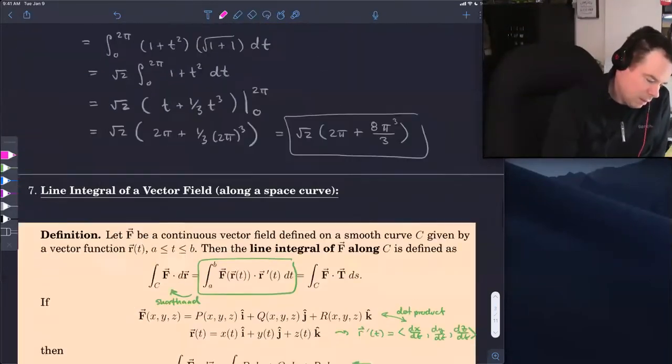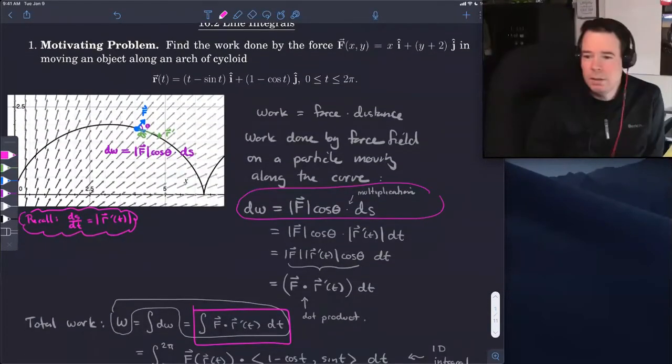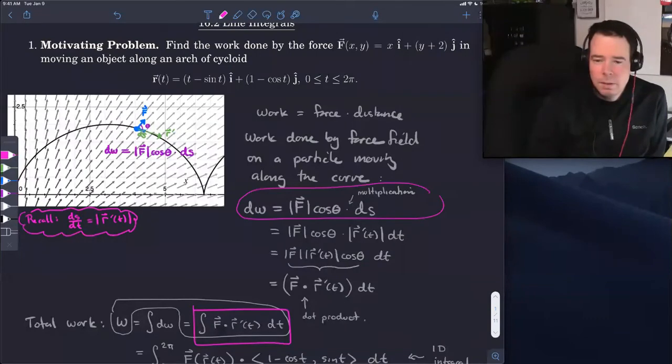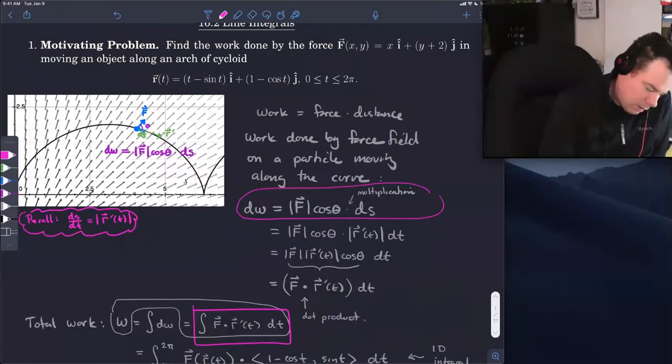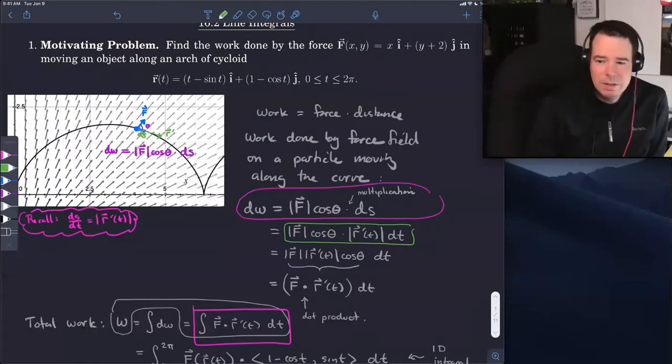And this comes back up to our first motivating example that says, if I want to integrate a vector field along a curve, I can express it in terms of a magnitude. It's the part of the force field that points in the direction of motion. So that's the magnitude of F cos theta, times the distance that I'm moving through, which is the magnitude of r prime of t dt.